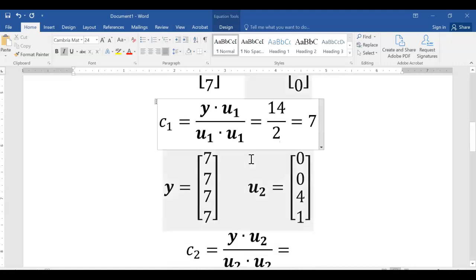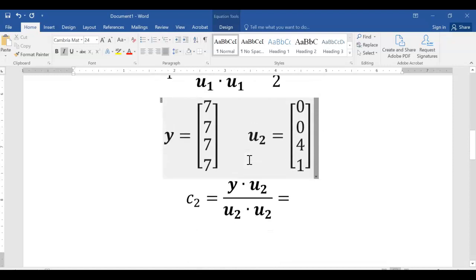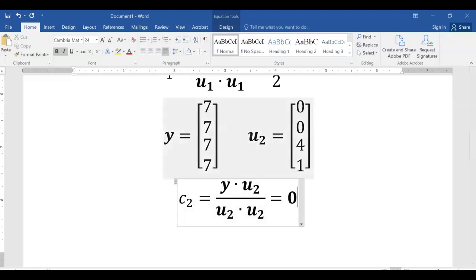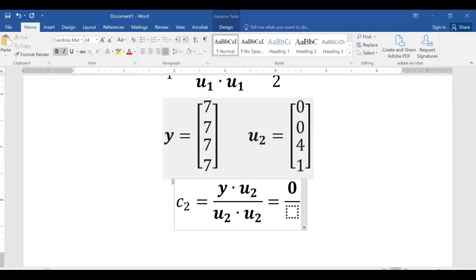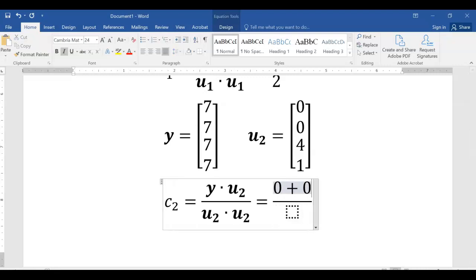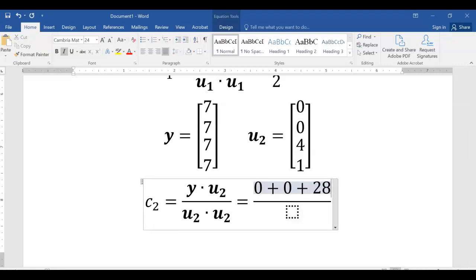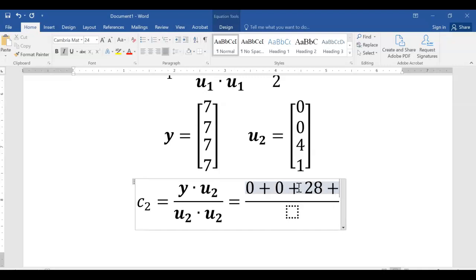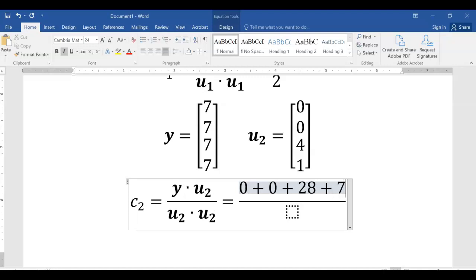Now we do the same thing for our other vector. Inner product: 7 times 0 is 0, plus 0 plus, well, in this case, 28. 7 times 4 is 28. 7 times 1 is 7. So we end up with a numerator which is going to be 35.